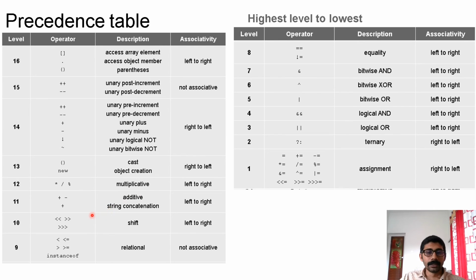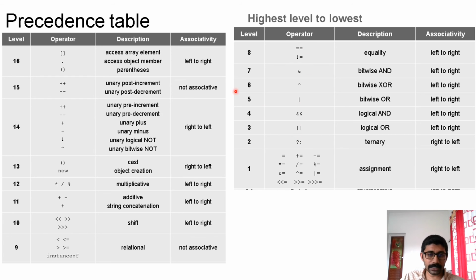So this is the precedence table. This table represents the precedence of all the operators and separators in Java. If you see, compound assignment operators have the least precedence, then conditional, and so on.